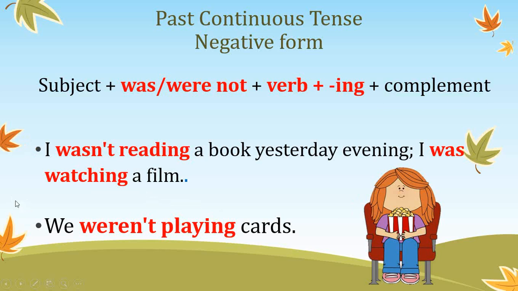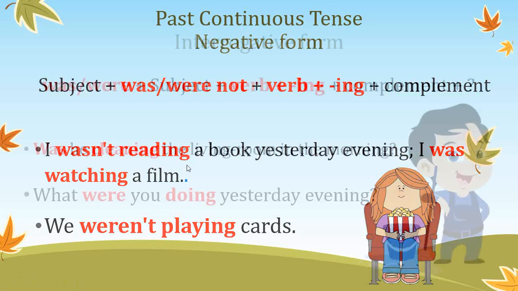We have two examples here. The first one, I wasn't reading a book yesterday evening. I was watching a film. Here we have the contraction for was not, that is wasn't. I wasn't reading, and the verb with the ing ending.